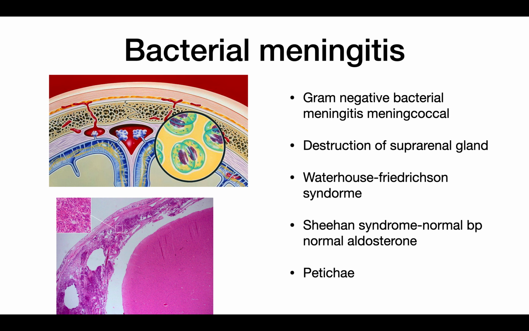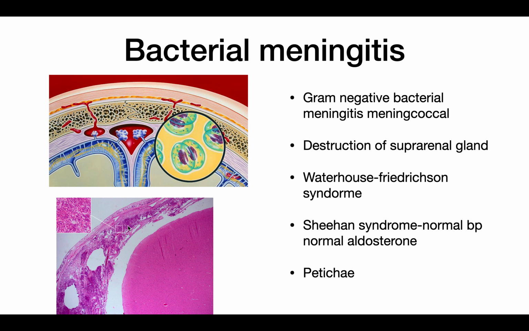Okay, so bacterial meningitis is usually caused by a gram-negative bacteria, and it can start from the destruction of the suprarenal gland, which would result in the Waterhouse-Friderichsen syndrome. That is going to cause an acute adrenal hormone crisis, and the continuation is going to go into Sheehan syndrome, where there is necrosis of the pituitary stalk.